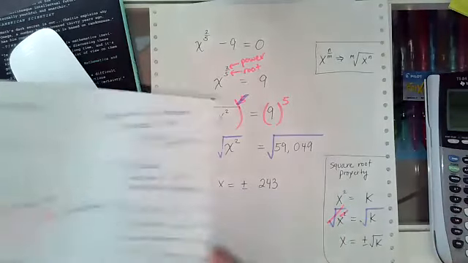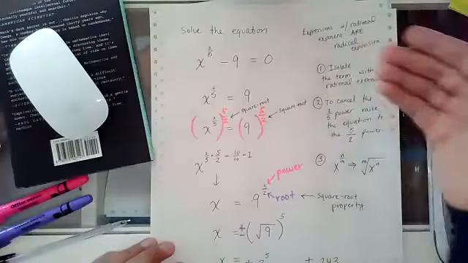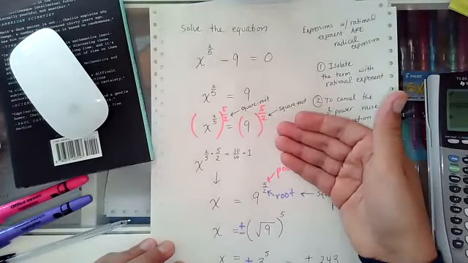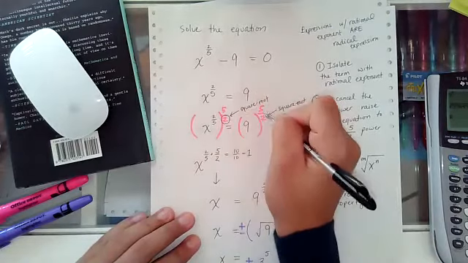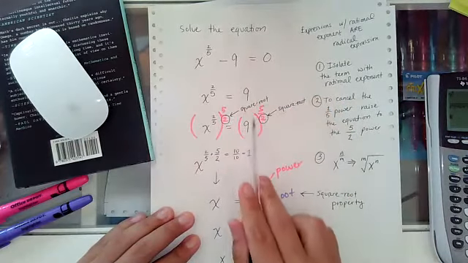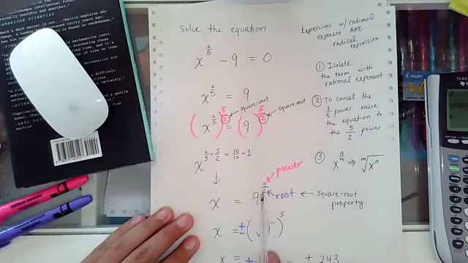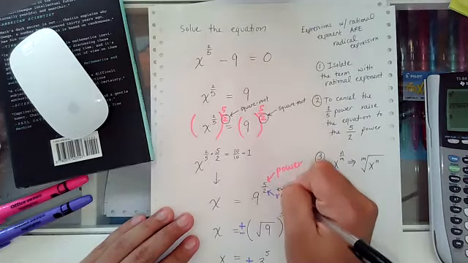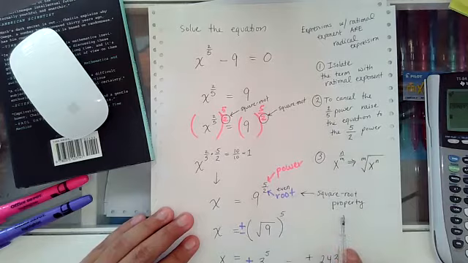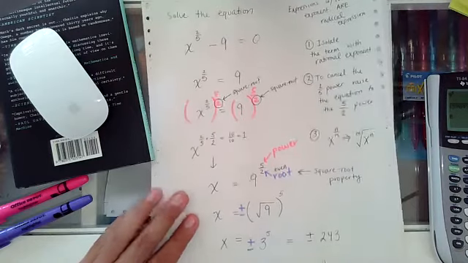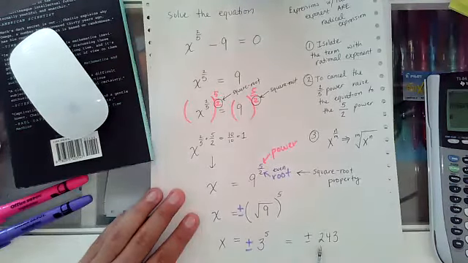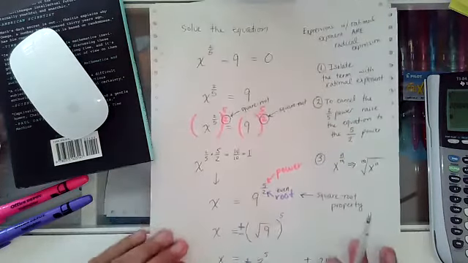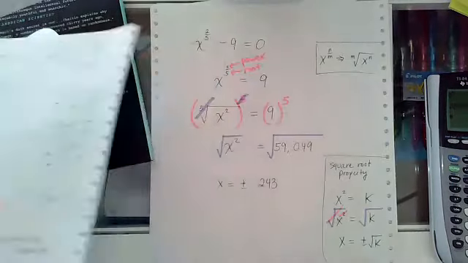Or you could solve it quickly using this reciprocal power idea, but if your reciprocal power ever has an even number in the denominator, then you're taking an even root, which means you need to use the square root property and have a plus or minus as part of your solution. But the choice is really yours.